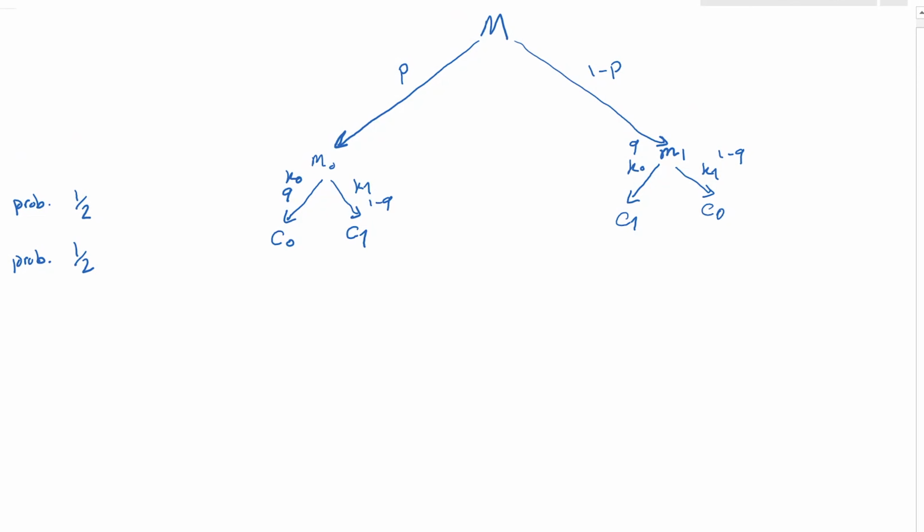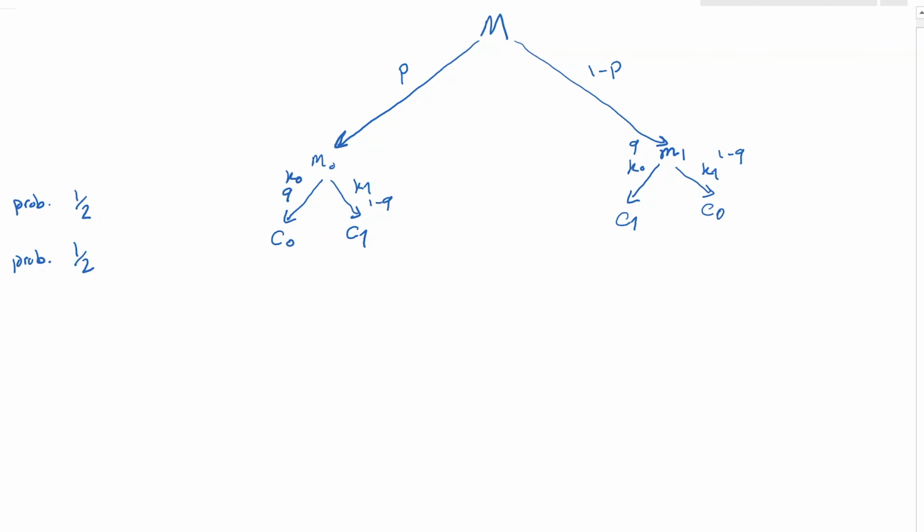The computation tree is drawing every possible message, and for every possible message, every possible key, and then using the algorithm to do the encryption. If your message is long, it would take a very long time to come up with this computational tree.